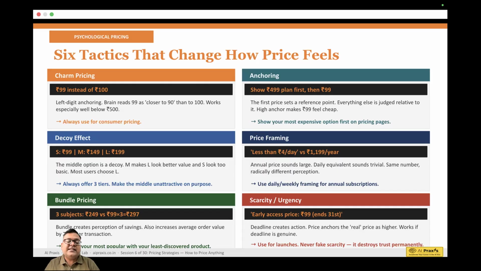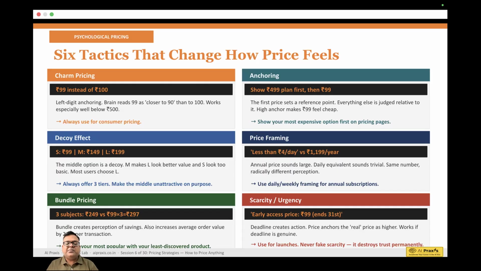Then there's something called scarcity and urgency. Some of the mobile phone companies, when they started launching in India long back ago, it was very, very common. It's only available for a very short period of time. You go to a particular e-commerce site and it'll go away.